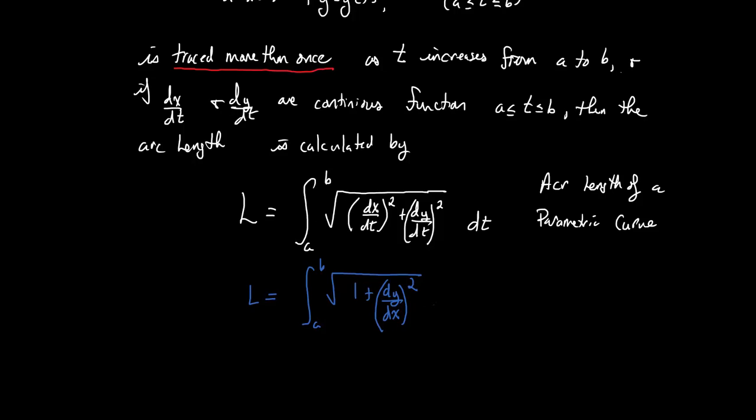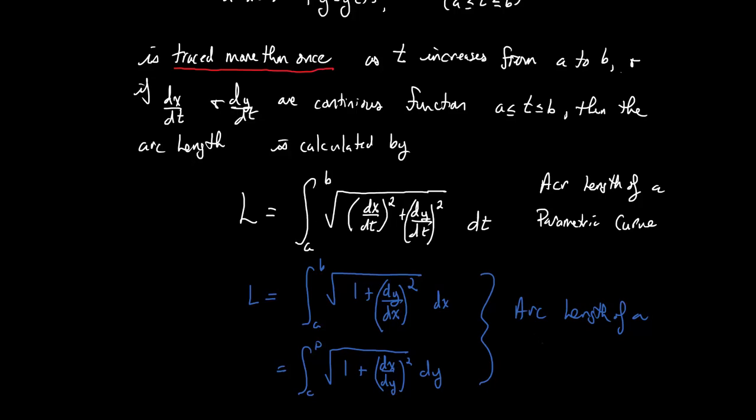We could also integrate with respect to y, from c to d, and we would have the square root of 1 plus (dx/dy) squared, integrated with respect to y. So these would be the arc length of a function.